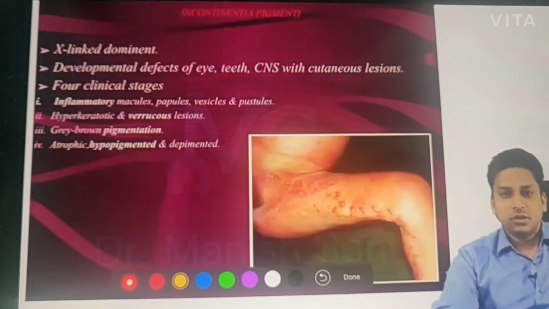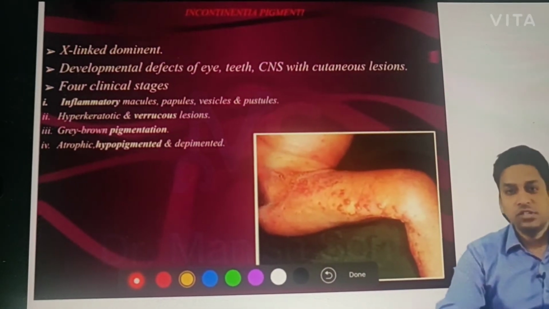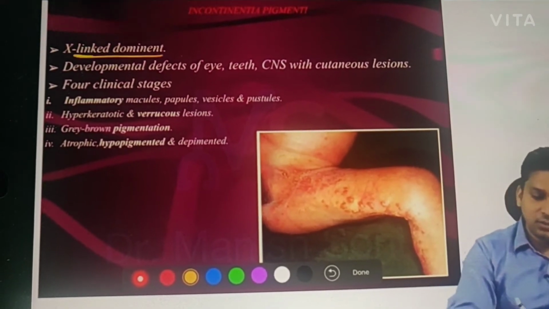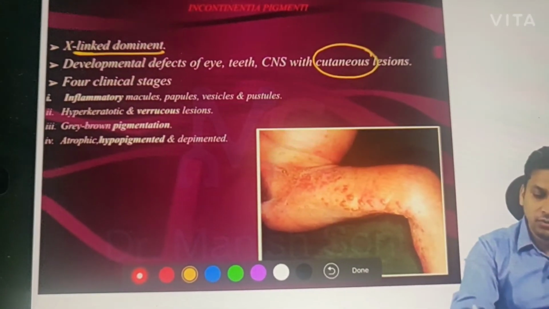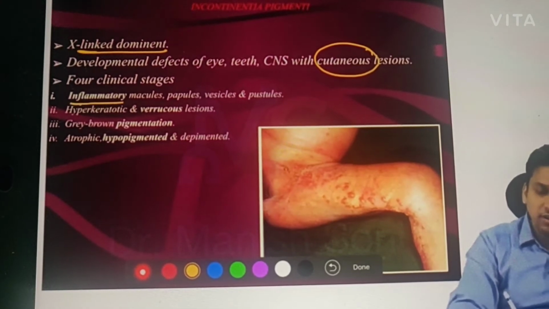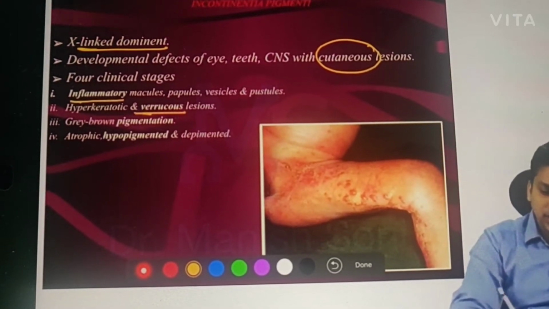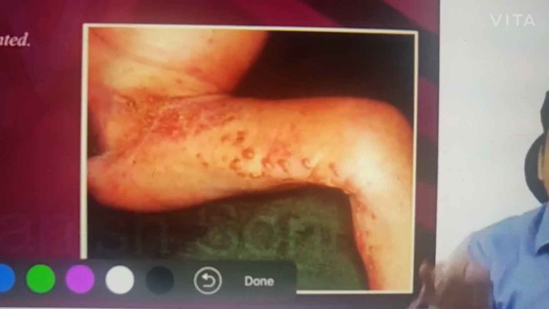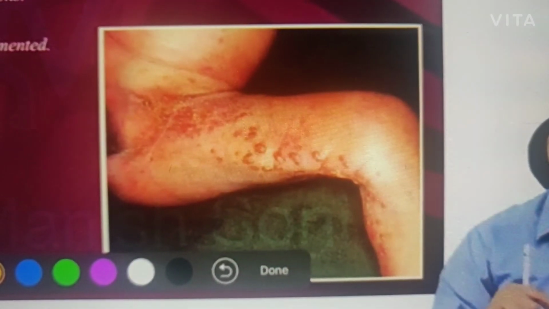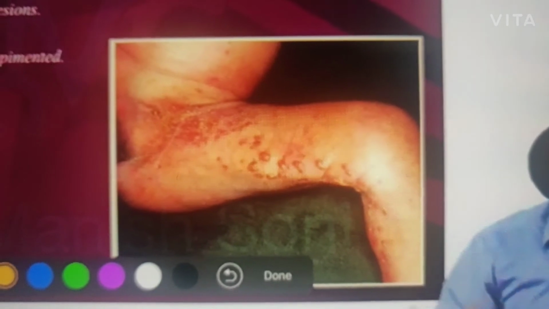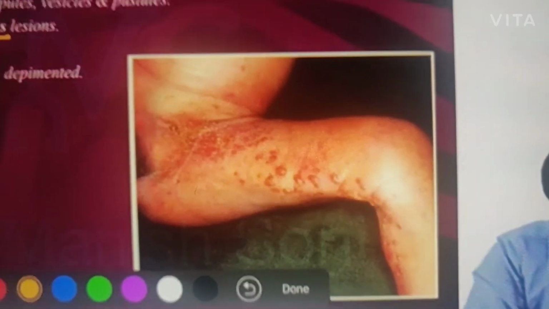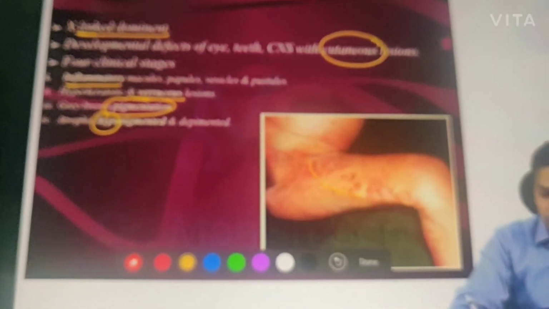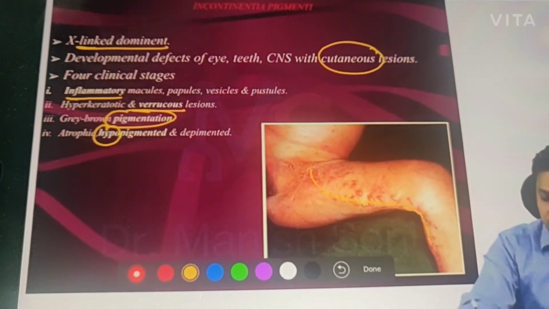Now this is a case of incontinentia pigmenti where both types of lesions can be seen. This is an X-linked dominant condition, and if you look at the cutaneous lesions, initially they are inflammatory, then they become verrucous, then they leave behind pigmentation which becomes hypopigmented. So you can see there is hyperpigmentation and there is hypopigmentation. And remember that in this presentation the lesions are going in a linear fashion.